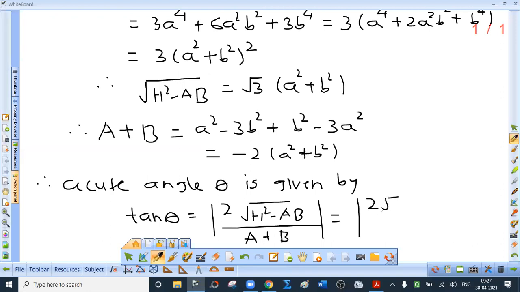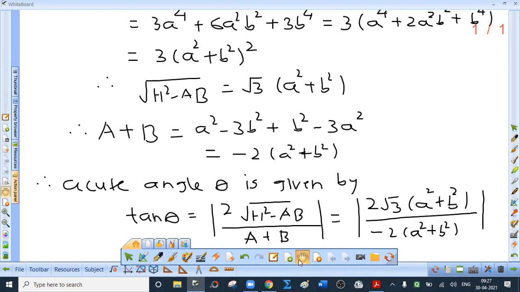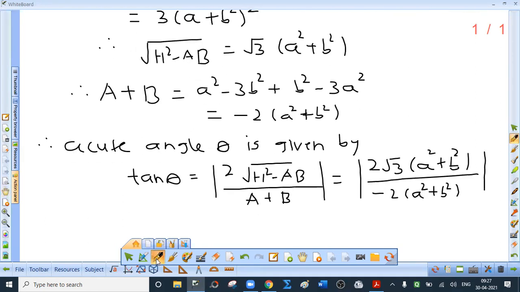So 2 root 3 a square plus b square upon minus 2. So what is the required angle? 60 degrees.